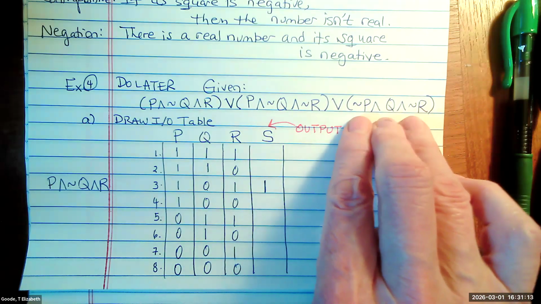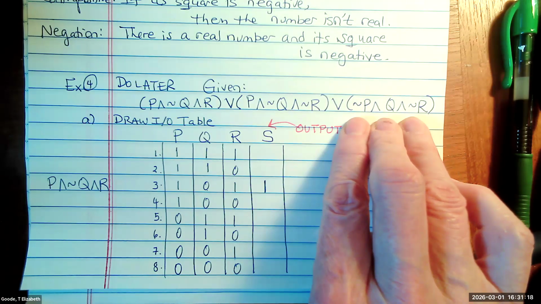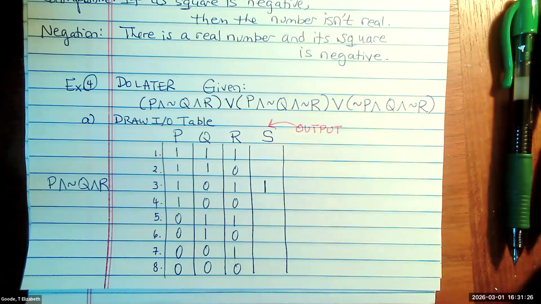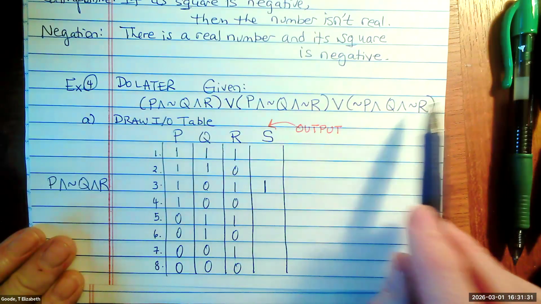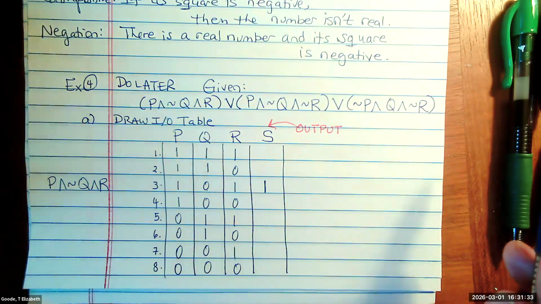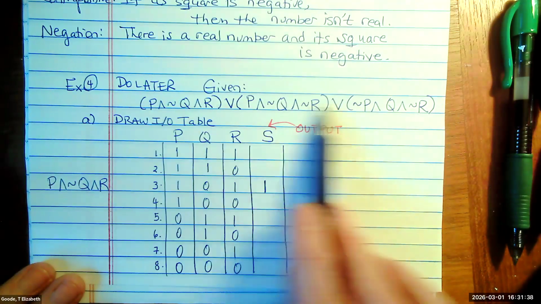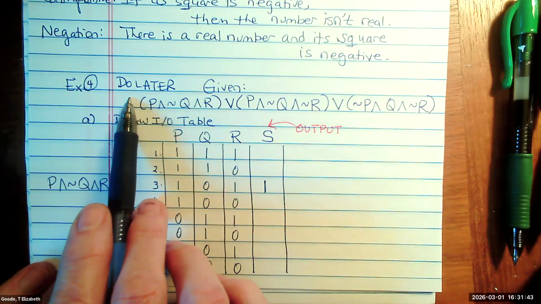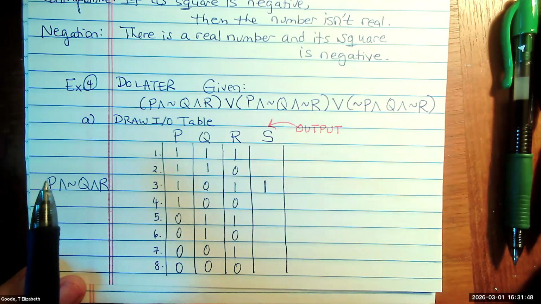Or if not P and Q and not R is true or hot, then that input state yields hot output. So the point of these Boolean expressions is to describe the input states that should produce hot output. In other words, this is a full description of the circumstances under which the circuit would produce hot output.